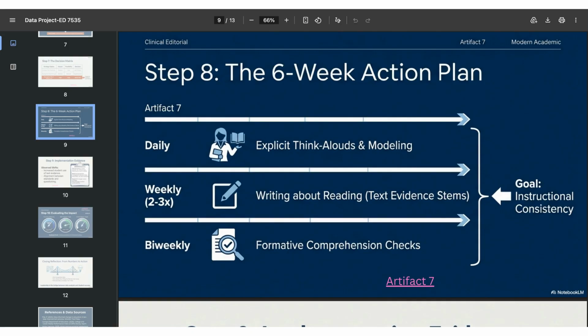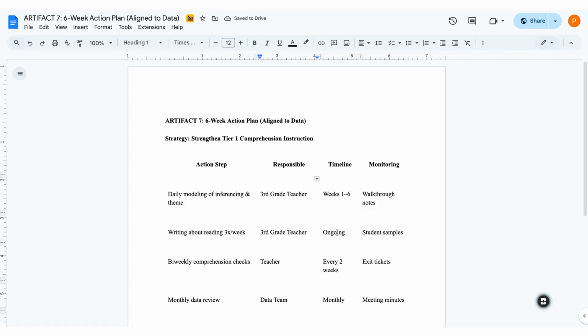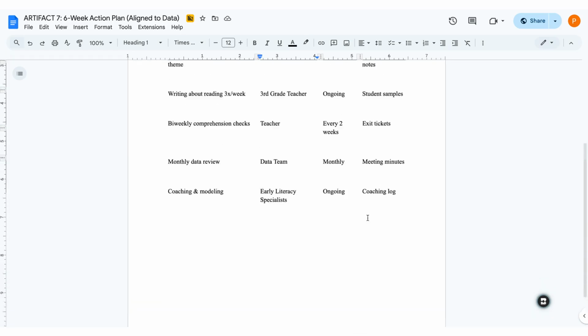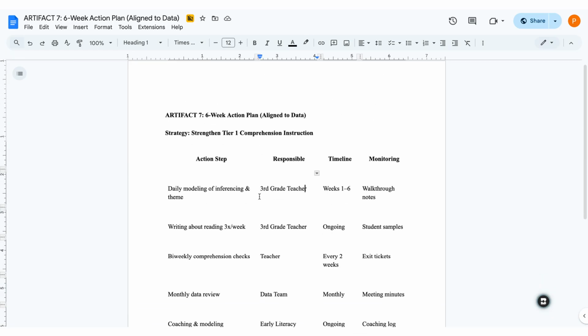In this particular slide, the artifacts are the 6-week action plan template that was created and the monitoring schedule. This alignment between strategy and action also reflects the FIS 2023 model of structured change implementation. And you can click right here to see that particular artifact of the action step, who's responsible, the timeline, and how it will be monitored.